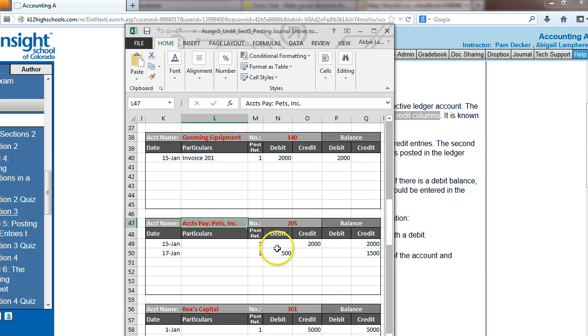We recorded the transactions from accounts payable into these first debit and credit columns, and then we record the balance over here in the balance column. The balance is the overall balance of this account at that point. After this first transaction, when we credited $2,000, we had a $2,000 balance. On the 17th of January, we paid $500, so then we have a $1,500 balance left on the account.